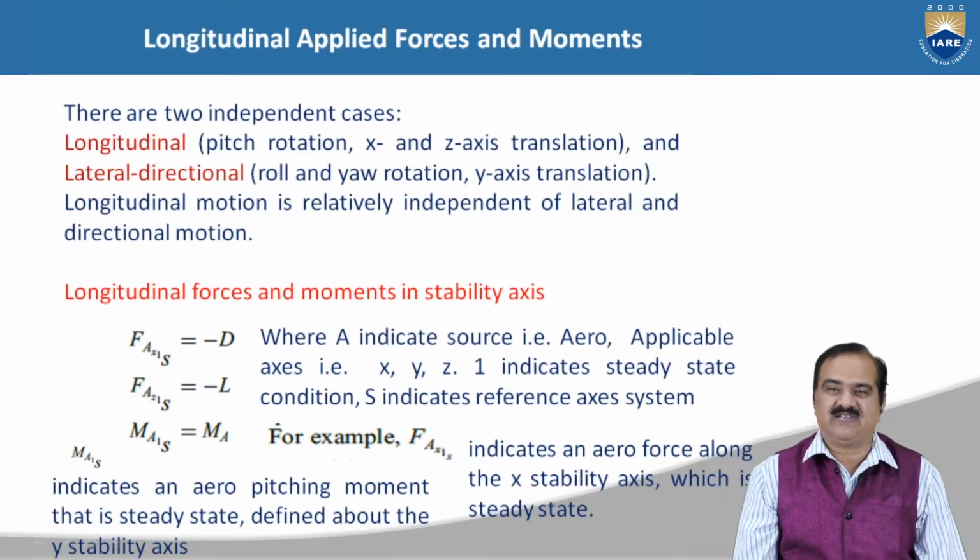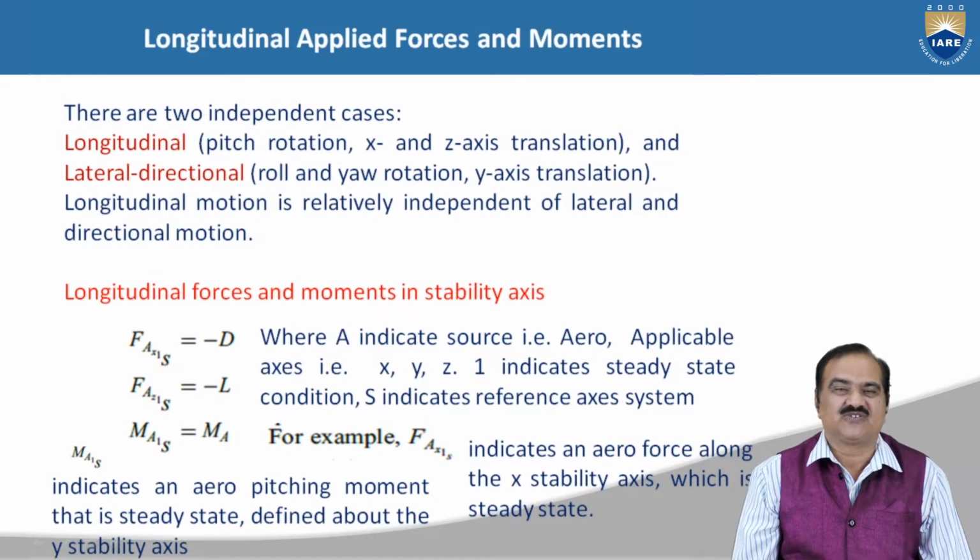Next one is Faz1s is equal to minus L. As we all know, lift is always perpendicular to the relative velocity and it is always upward against the weight. As per the convention, we have assumed that the direction of the weight is positive, so lift will be considered as negative.